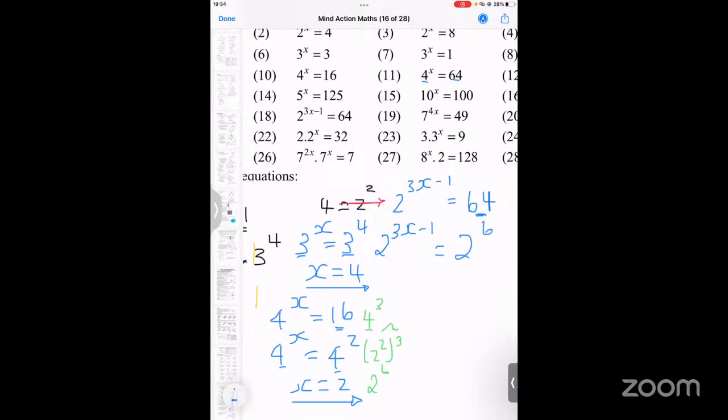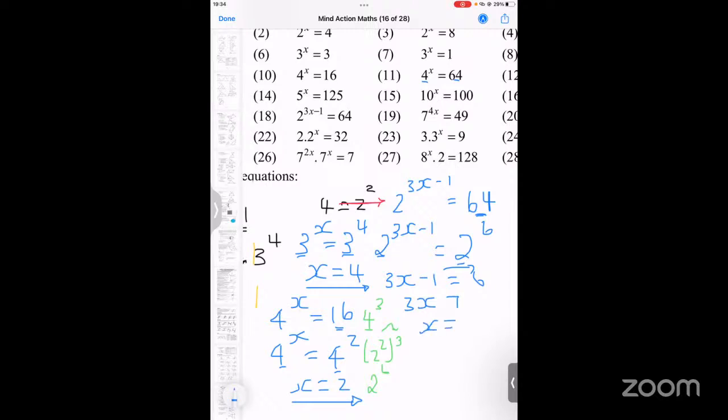Then, okay, but this way we say the bases are the same. What do you do? You equate the exponents. Then you solve for x. You have 3x, 1 goes to the other side, it becomes 5. No, 6. That you plus it by 1, it becomes that.